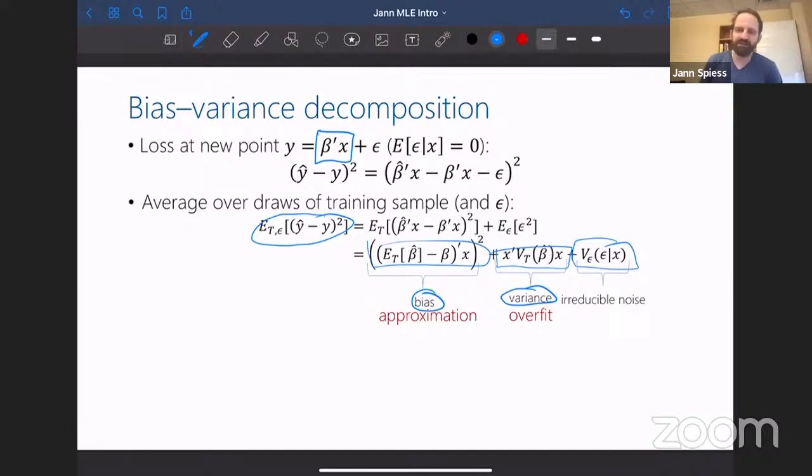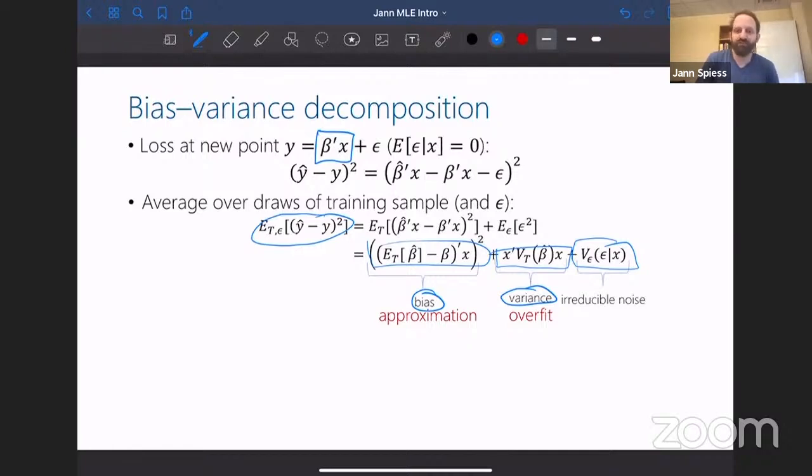So overfit means how much does each sample fit to the specific noise term in the specific sample. That creates variance in this linear case with a mean squared error, where we can write things easily in those 2 parts, versus approximation. Approximation means how well am I at approximating the true underlying function.